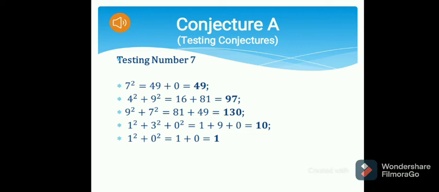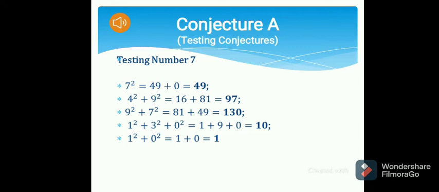So we got 97, and then for 97, each digit was squared again. 9 squared plus 7 squared is equal to 130. Again, every digit of 130 was squared, and the answer is 10. And then 1 squared plus 0 squared, we got the answer 1.